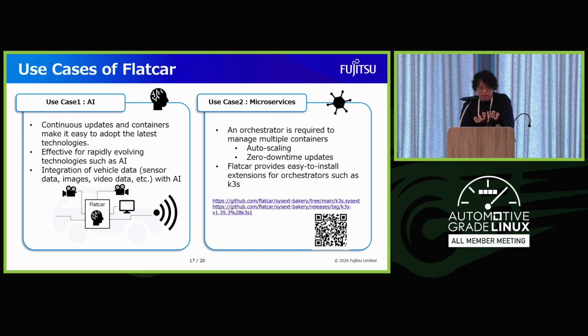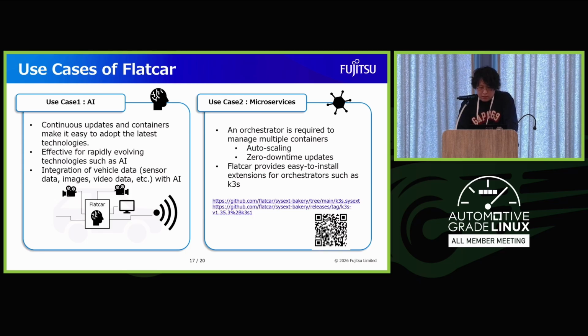For this reason, Flatcar could be a candidate as a platform for running AI applications. For example, we are considering AI applications that analyze big data from cameras, sensors, and other sources.